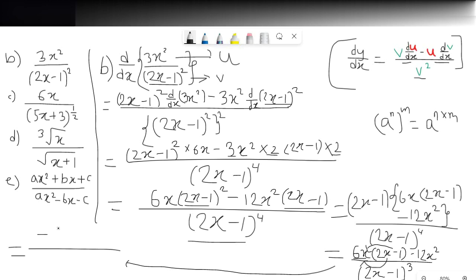So in the end we have minus 6x divided by 2x minus 1 whole to the power 3, or cubed. This is because 12x squared minus 12x squared is simply 0.